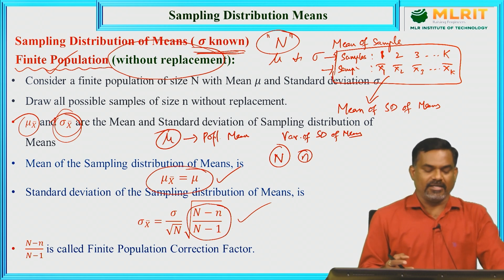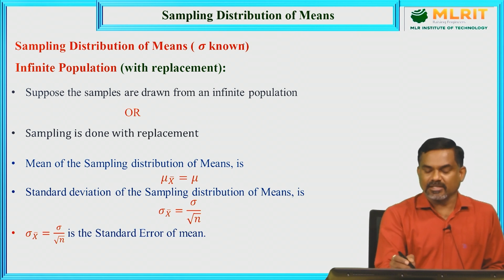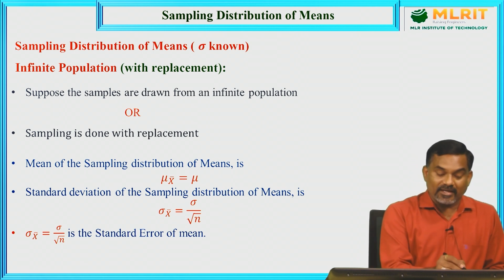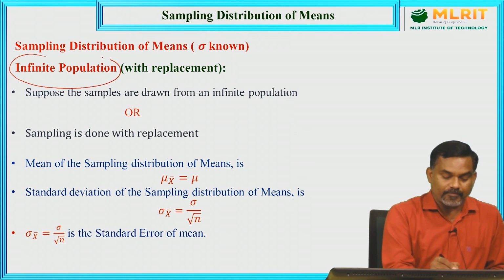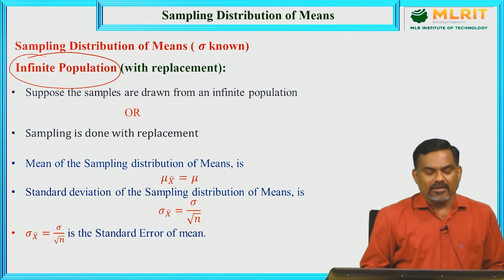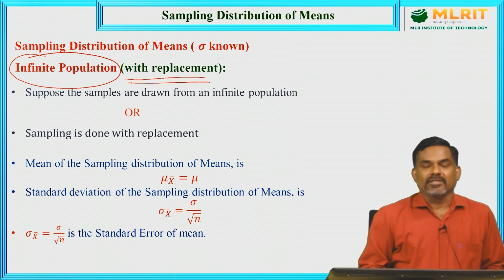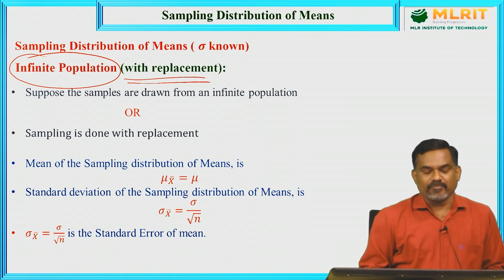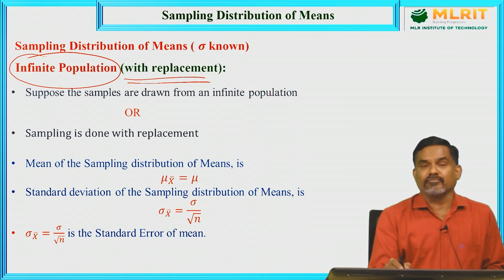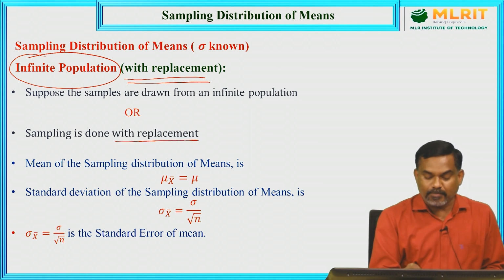A similar case: let us consider the same thing, the sampling distribution of mean with sigma known, in an infinite population. That means let us consider a population having infinitely many elements, or else the same thing can be considered as sampling with replacement. Suppose the samples are drawn from an infinite population, or the sampling is done with replacement.